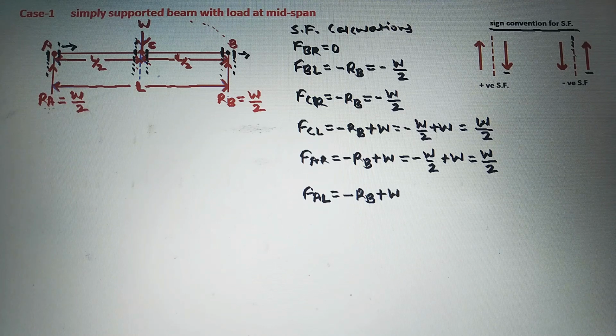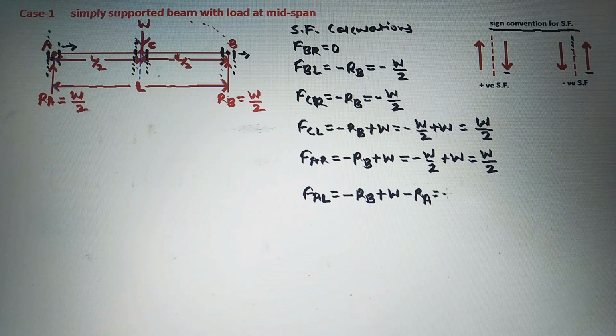Then the support reaction RA, which is the third load on the right side of this section, is acting in upward direction, so it will be taken as negative.